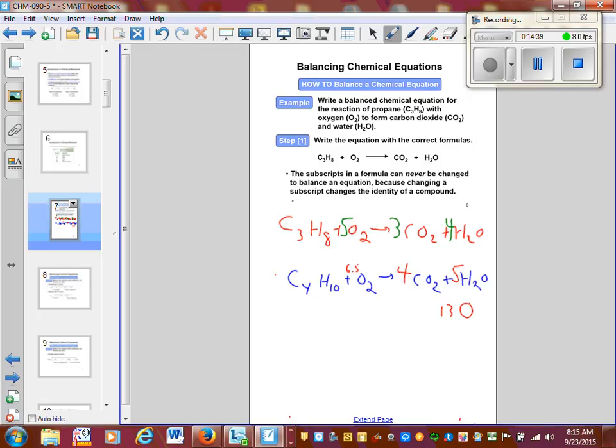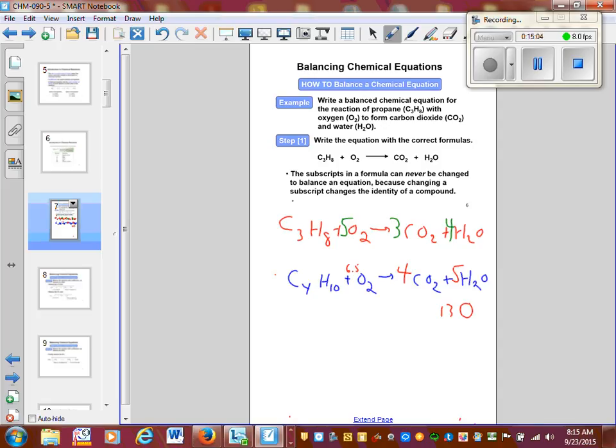You can't round. No. What if I multiply it by 2? Then 6.5 becomes 13. But if I multiply that by 2, I have to multiply everything in the equation by 2.